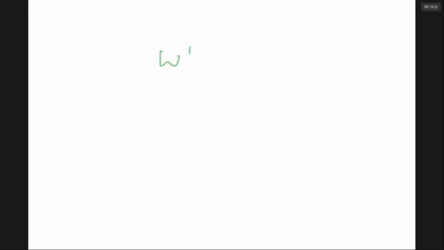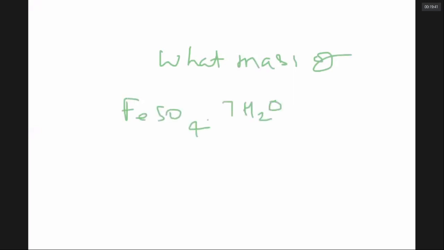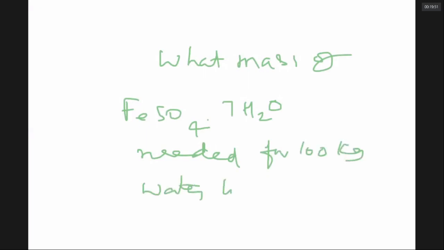What mass of FeSO4 7H2O is needed for 100 kg water to get a 10 ppm iron solution?